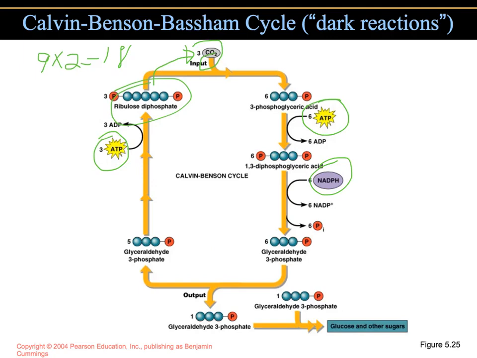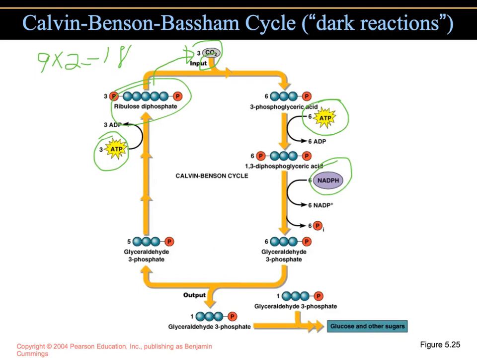And when this happens, they will react with water and break into 2 3-carbon molecules. This is how the carbon, though, in this stage, we call this carbon fixation because now the carbon has been put in to this molecule.